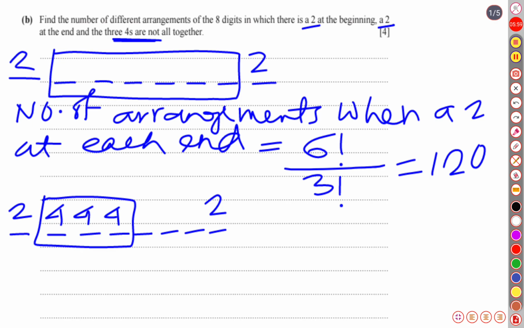Now how many spaces are there for internal arrangement? This is one space, two space, and three space. So 3 factorial, as well as these ones can also exchange their positions. So in total how many arrangements can be possible?